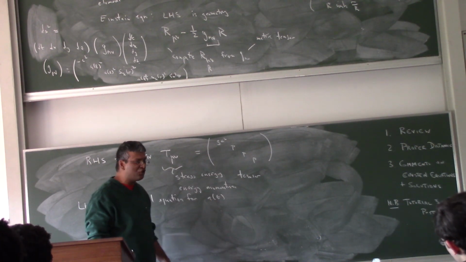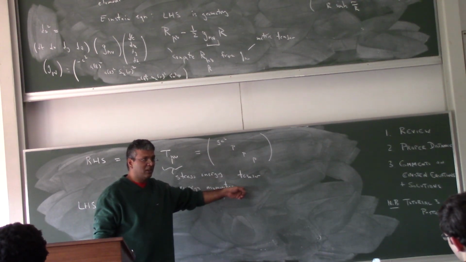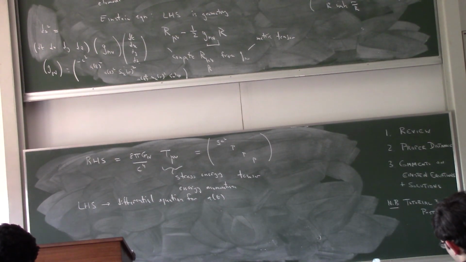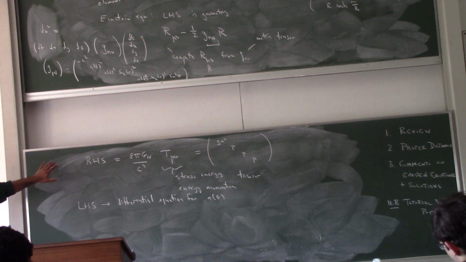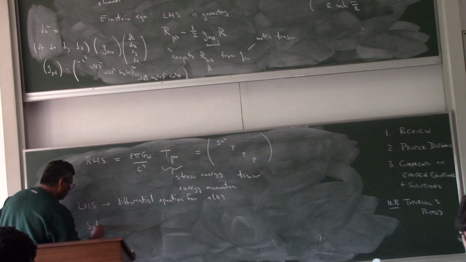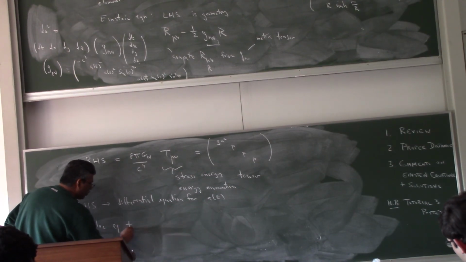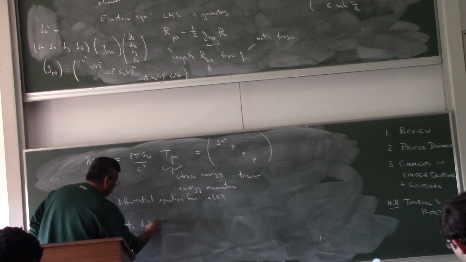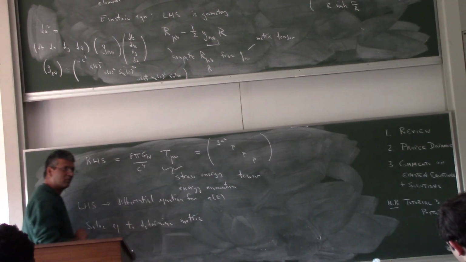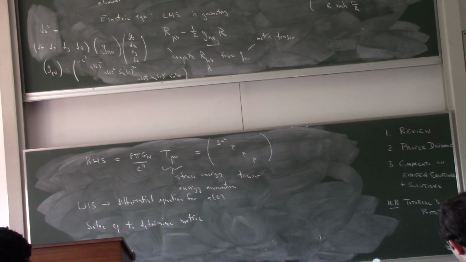So if the universe is radiation dominated, you'll have a different stress tensor than if the universe is matter dominated, or if the universe is vacuum dominated. Depending upon what stuff is in the universe, we'll solve this equation, and that tells us about the geometry of space-time.